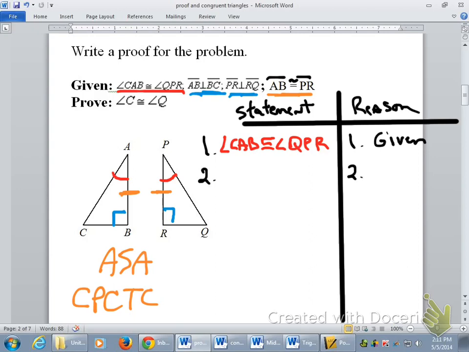I think it makes sense, since I'm trying to do ASA, angle, side, angle, to give an angle first and then a side and then another angle. So I'll try to talk about the side. The side was AB and PR. Well, how did I know those two were congruent? It was also given to me, all right. So AB is congruent to PR, and it was also given to me.